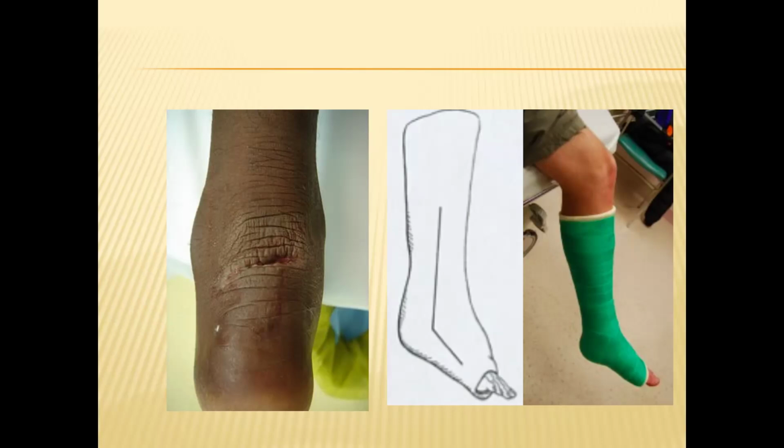In the ankle joint, besides fractures, there can also be dislocation. Like other dislocations, ankle dislocation is an acute emergency because it can lead to the risk of neurovascular injury.